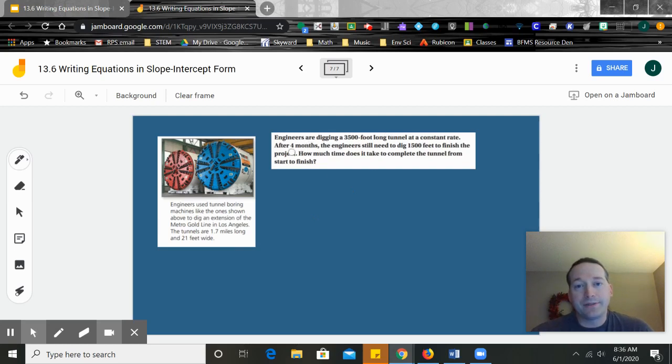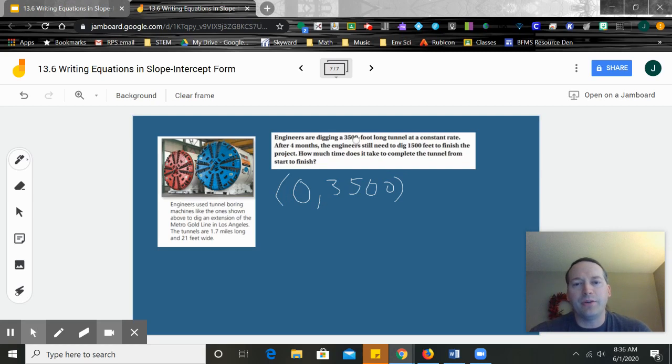Well, we need to get 2 points. Okay, so the 1 point we have is after 4 months, the engineers need to dig 1,500 feet to finish the project. So that means if they started at, the starting point is 3,500 feet from the end of the tunnel, or 0, 3,500.